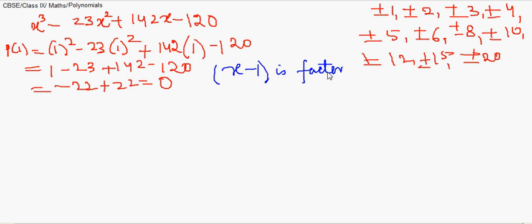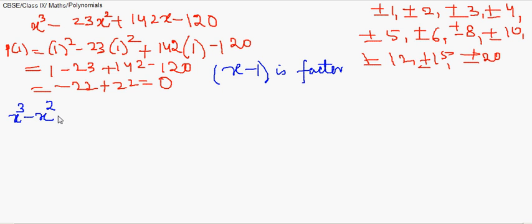Once we get to know one factor, we can split this given polynomial such that x minus 1 is common in all the terms. Let's see how that's done. Split such that, in each pair of terms, whatever you take common, you will be left with x minus 1. So if I take x square common, I will be left with x minus 1.